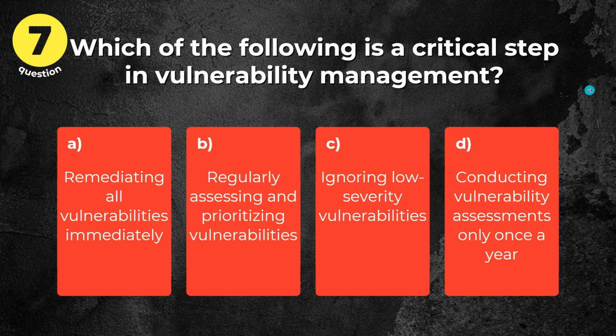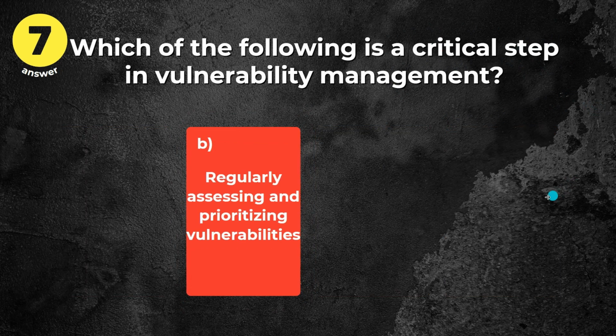Critical step. You gotta pay attention to those keywords. B, regularly assessing and prioritizing vulnerabilities. A lot of words for me with my accent, a little bit more difficult, but hopefully you understand what I'm saying. Let's go for the next one.